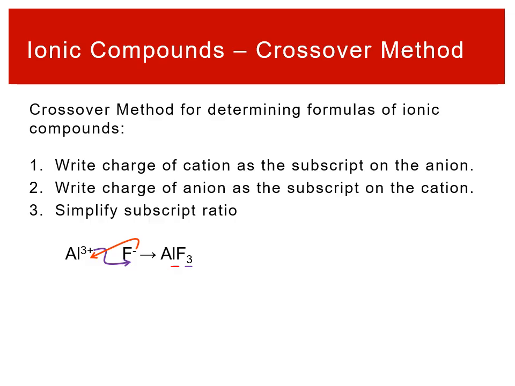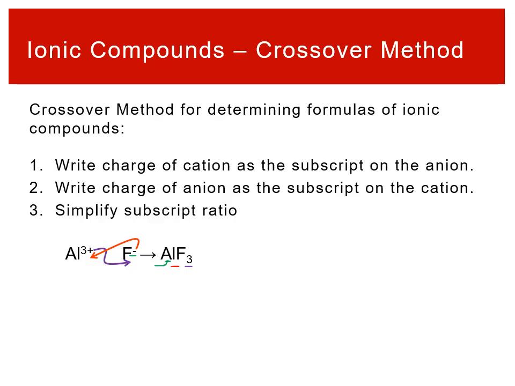Importantly, we don't care about the charge sign. So we don't have a 3 plus as the subscript on the fluorine or a negative 1. We only care about the magnitude of the charge. We don't care about the positive or the negative. And just like we didn't write a number there, we also don't write the number on the aluminum. We just move those numbers onto the other side.